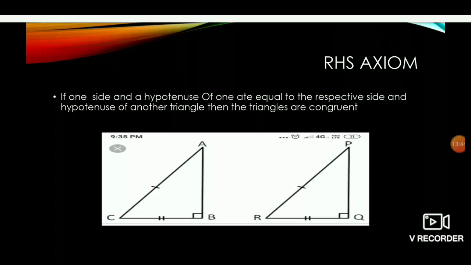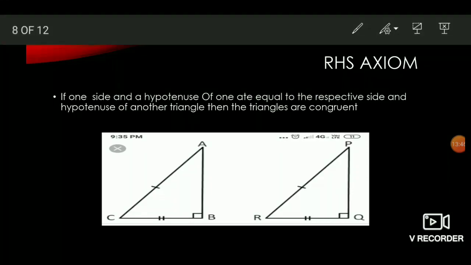Now the RHS axiom. What is this RHS axiom? I told you that it is only applicable in a right angled triangle, because from its full form we can understand that it is right angle, hypotenuse, side.